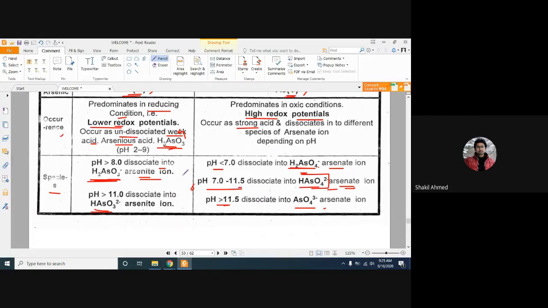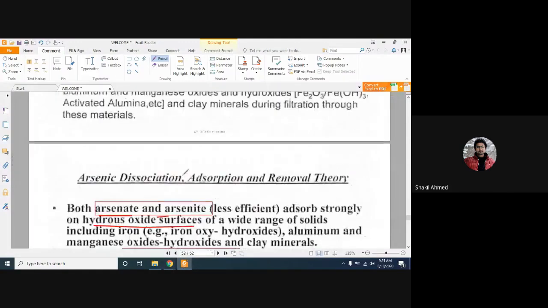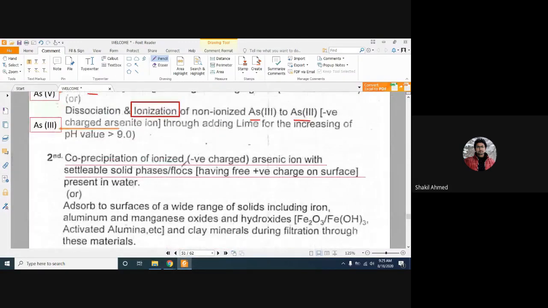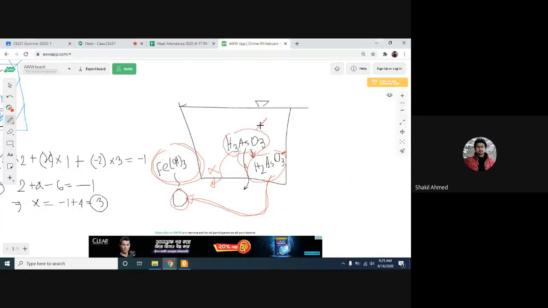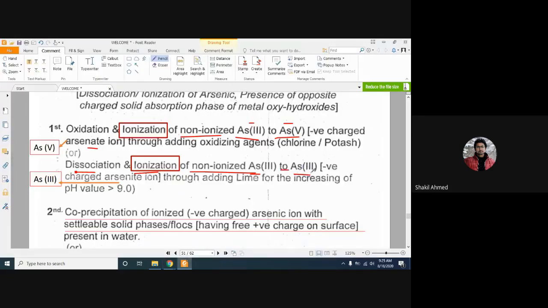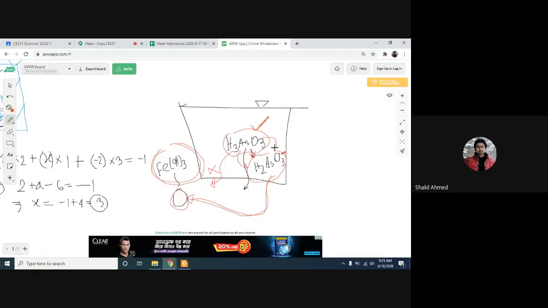So that's why the theory here is oxidation and ionization of non-ionized arsenic, this is non-ionized, this is non-ionized, to negative charged arsenite ion, to negative charged arsenate ion.